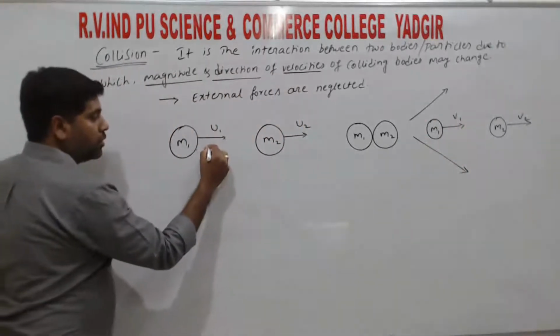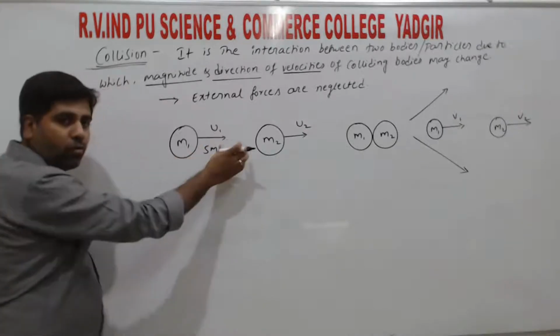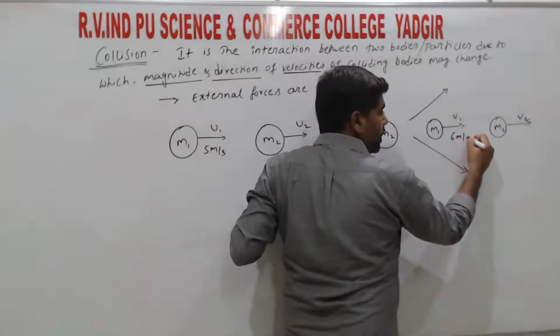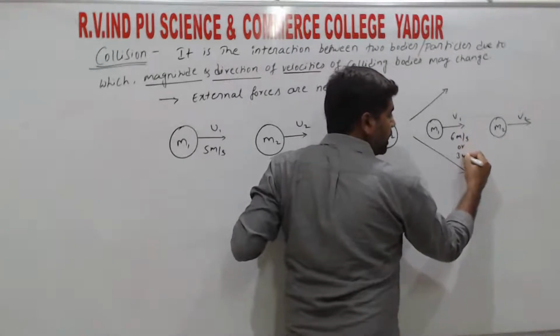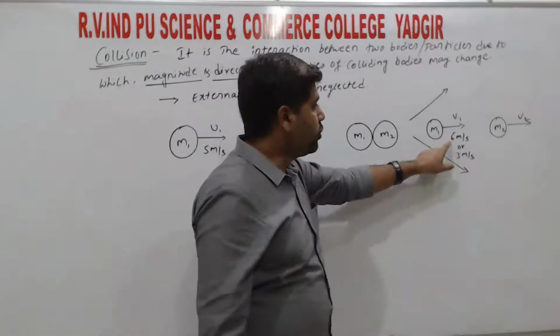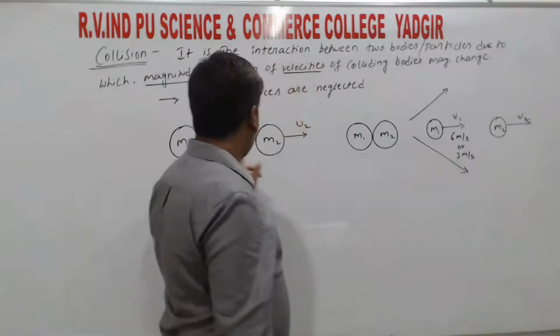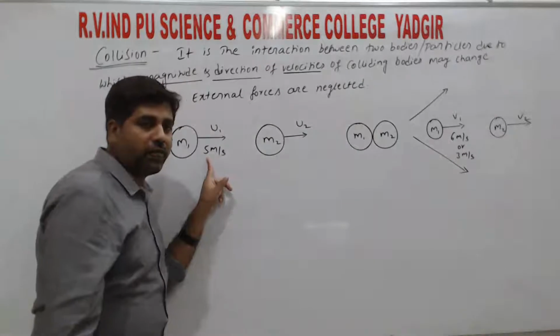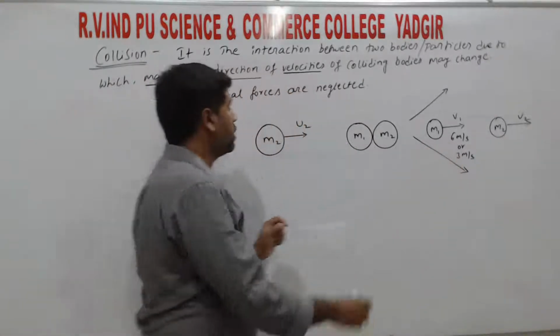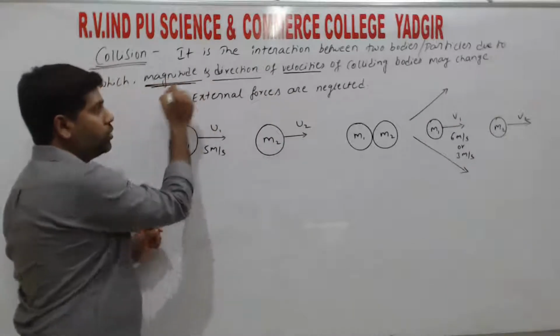For example, u1 is moving at 5 meter per second, so v1 may be some 6 meter per second or some 3 meter per second. It indicates that the magnitude of the velocity changes. Initially it was 5, but after collision the value has changed. That we call magnitude.